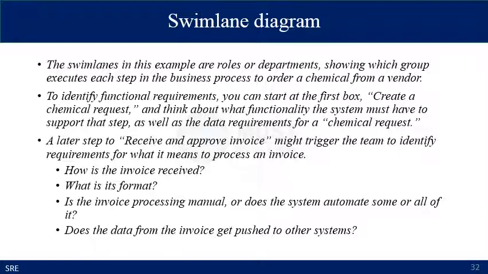You can start from the first box, creating a chemical request, and think about what functionality the system must have to support this step, as well as the data requirements for the chemical request. At a later stage, you can receive and approve an invoice, and it might trigger the team to identify requirements for what it means to process an invoice.